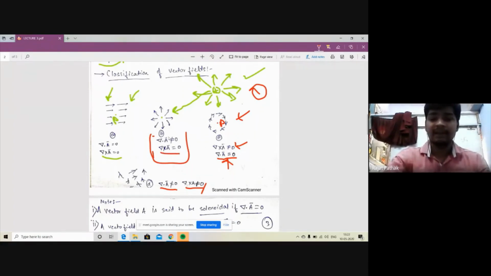The electric field lines never rotate or form any loop. So we can say the electric field intensity is of this nature if we consider an isolated positive charge or isolated negative charge. Are you understanding what I'm saying?